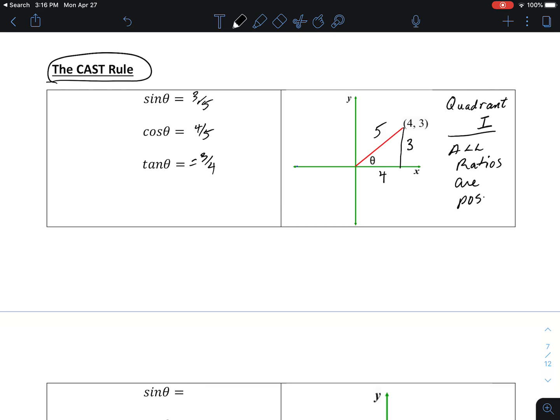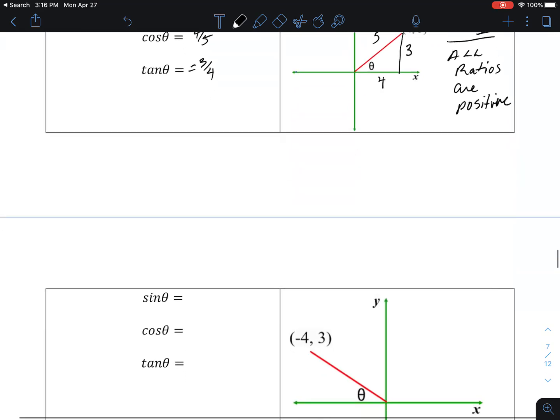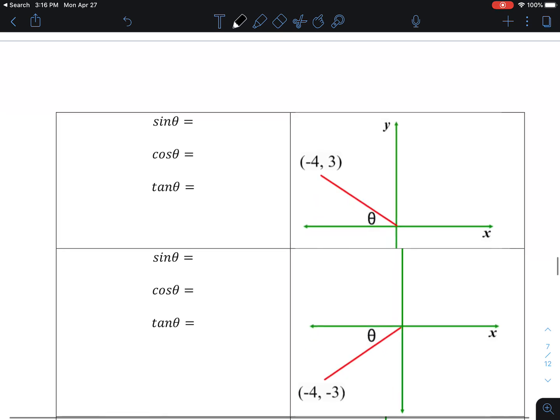And all ratios are positive. Sine, cos, and tan are all positive. And now here we're in quadrant 2. I'm going to draw my triangle again. This time the height is 3, the length is -4, and that terminal arm is 5.